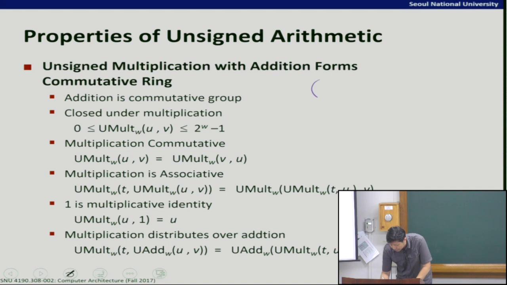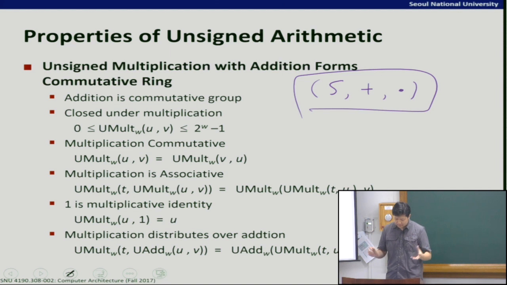Let's say we have a set and two operators, addition and multiplication. Then this tuple forms a commutative ring, because addition is already a commutative group, actually an abelian group.